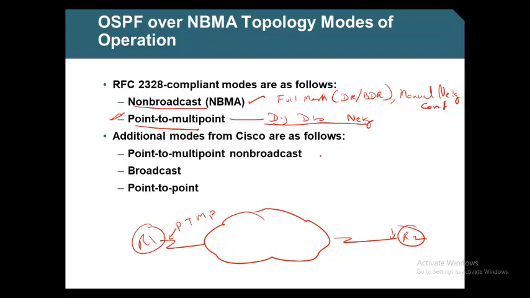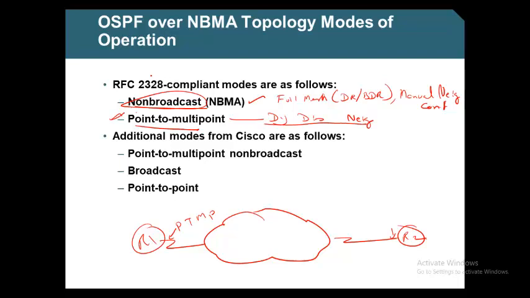When it is non-broadcast, as the word says, it's the opposite of broadcast, which means it's unicast. Only unicast is supported. Manually, you need to say the neighbor. Whereas when you say point to multi-point, it understands, oh, I need to talk to multiple points. I need to discover neighbor. I need to support multicast. So the dynamic discovery of neighbor happens here.